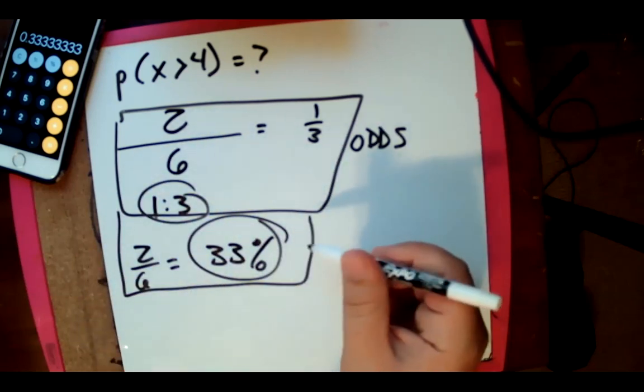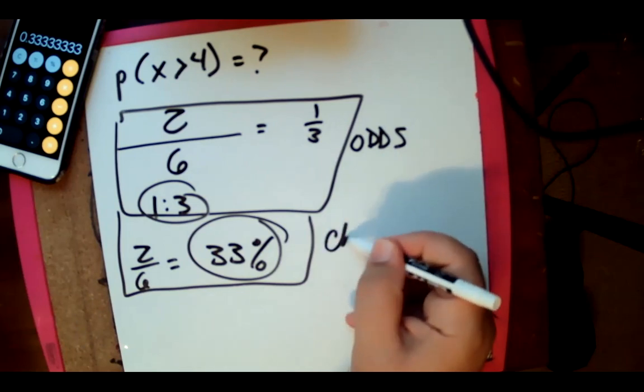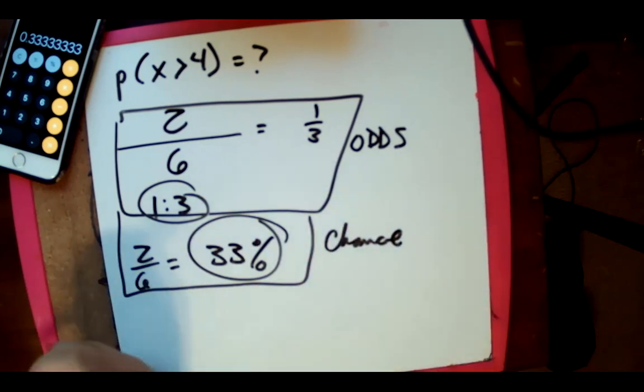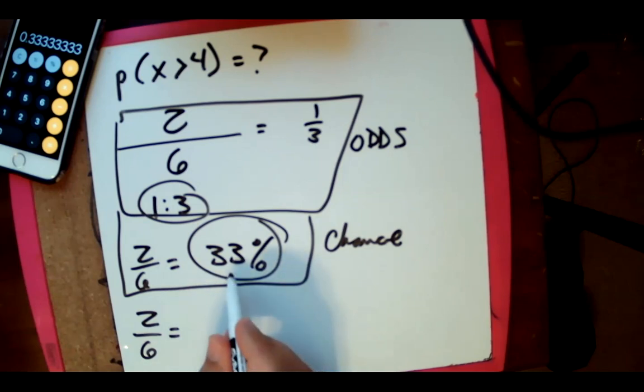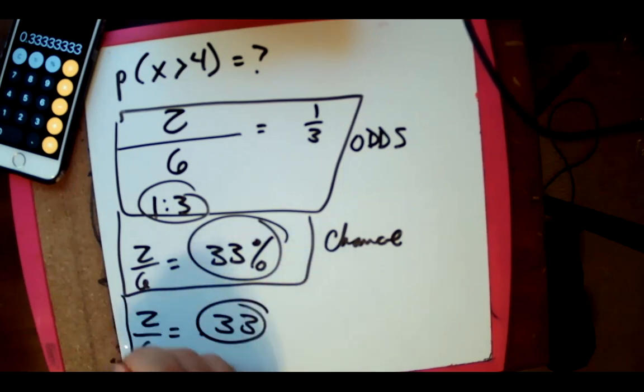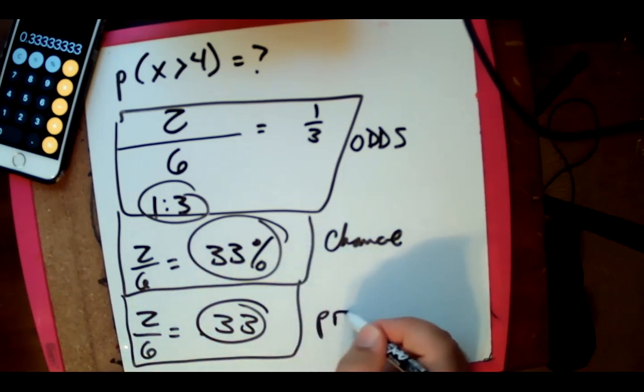And that's how you would express the same problem in terms of chance. And then for probability, it's kind of the same thing. You just do 2 divided by 6, we know it's going to be 33%, but we're going to leave it as a decimal. And then there you have probability.